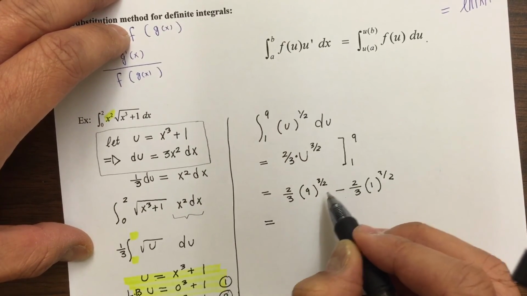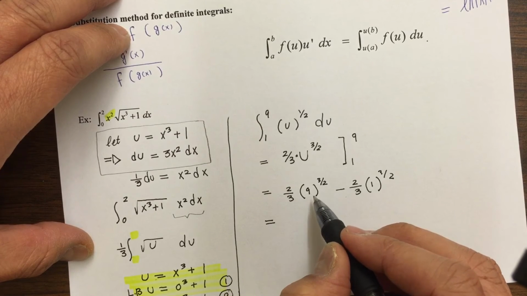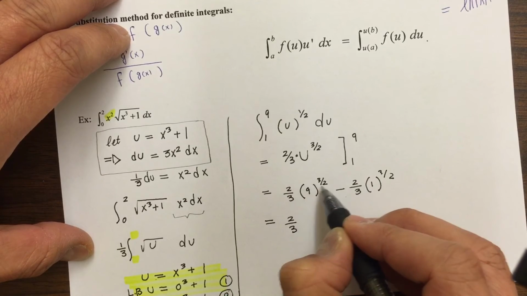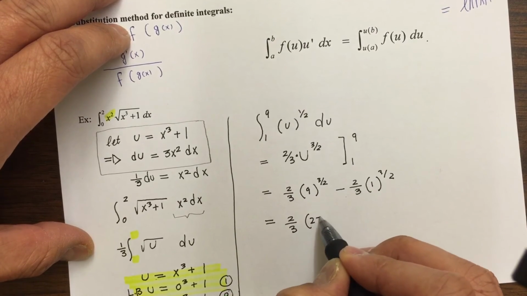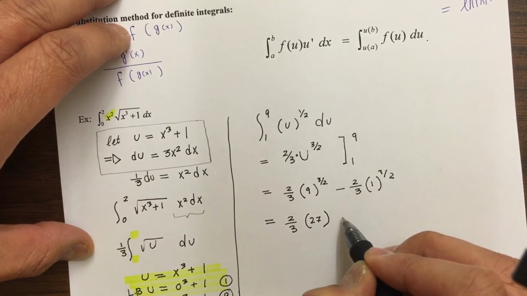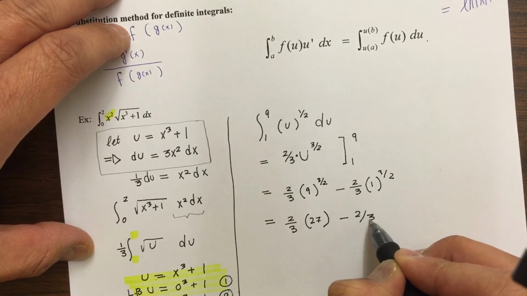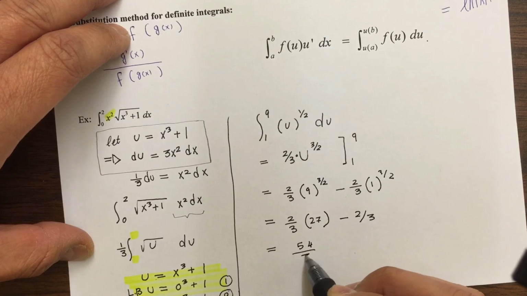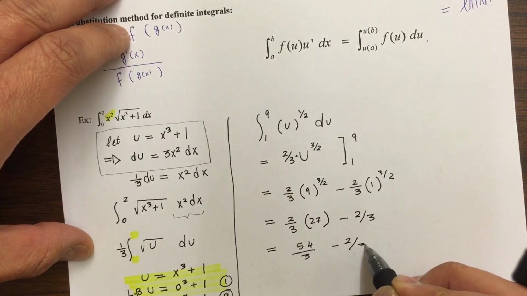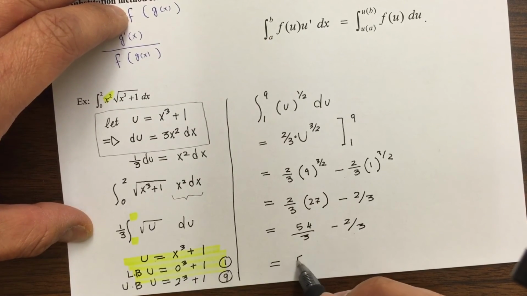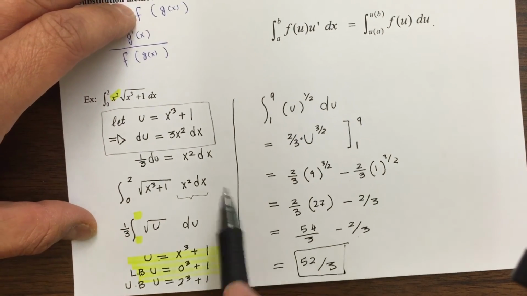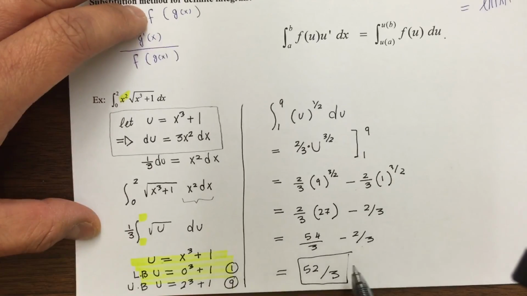This is going to give us 2/3. This is really 3 squared, so you get 27, minus just 2/3. So that becomes 54/3, take away 2/3, so that comes out to be 52/3. And you're done. And that's the area under this graph, 52/3.